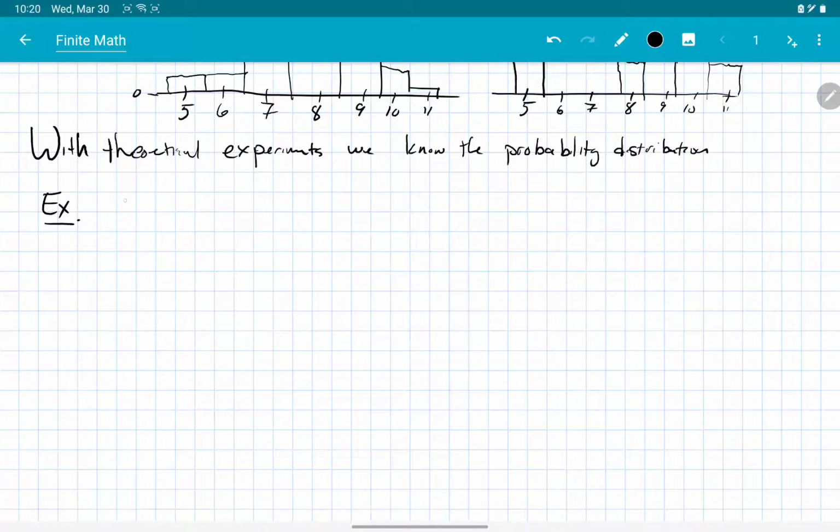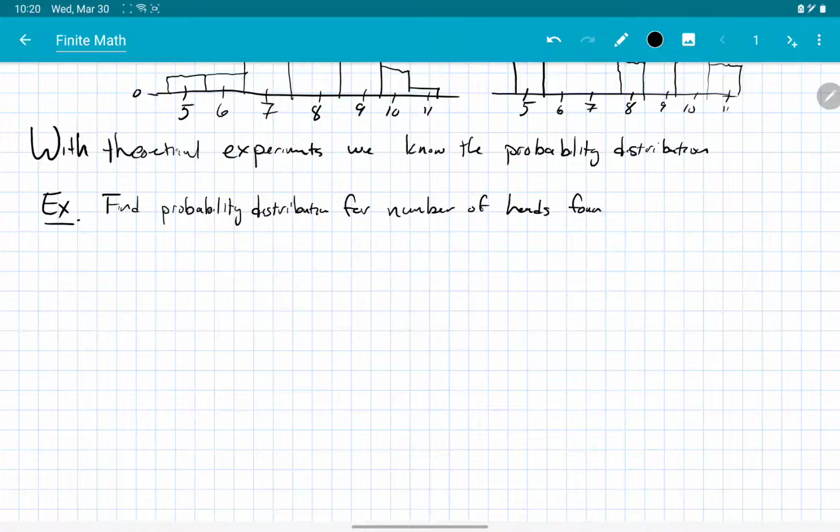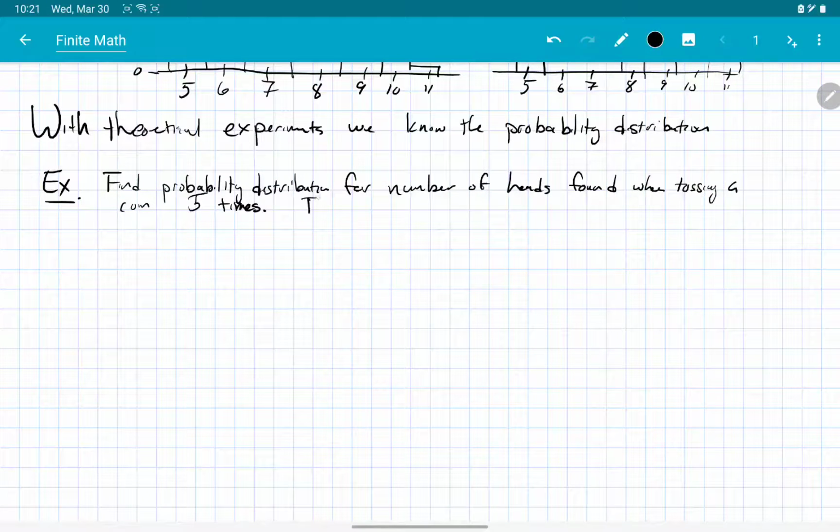Let us find the probability distribution for the number of heads found when tossing a coin 5 times. Then draw a histogram.